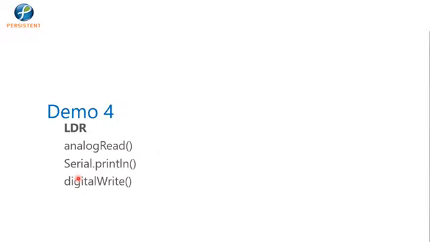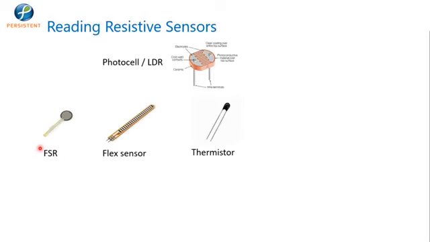Let's go through one more interesting demo here with an LDR. Here I will be using analog read, serial communication as well as digital write. So, here it is, your light dependent resistor, the component would look like this.